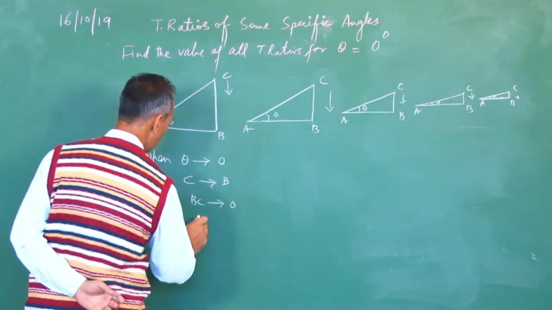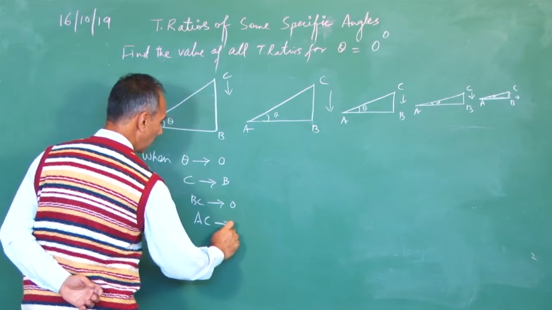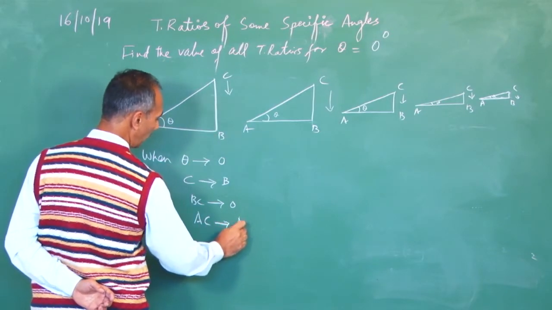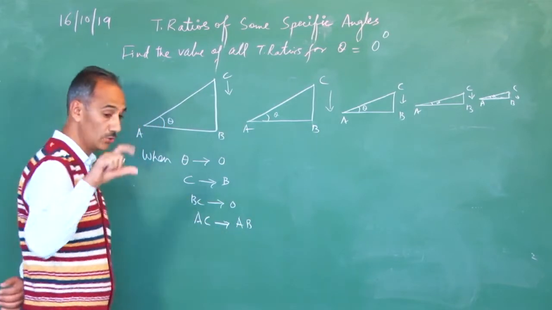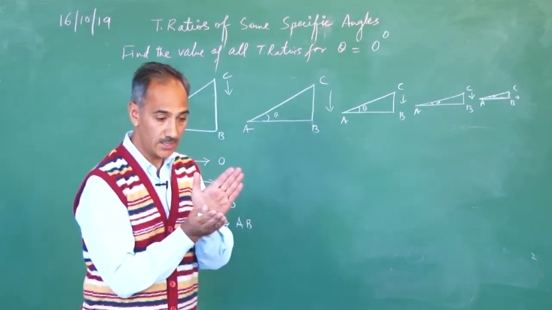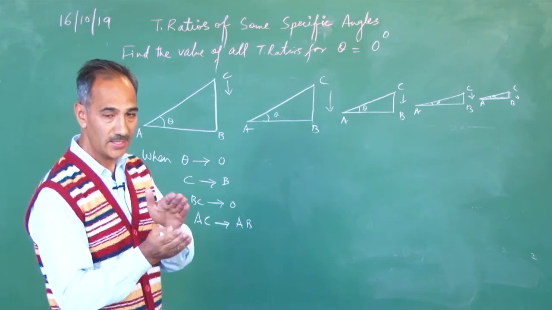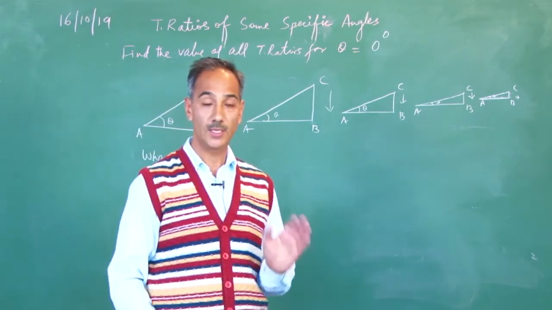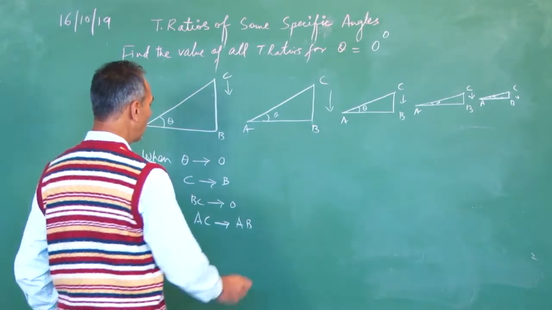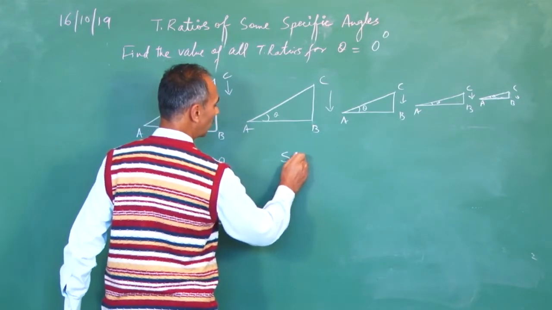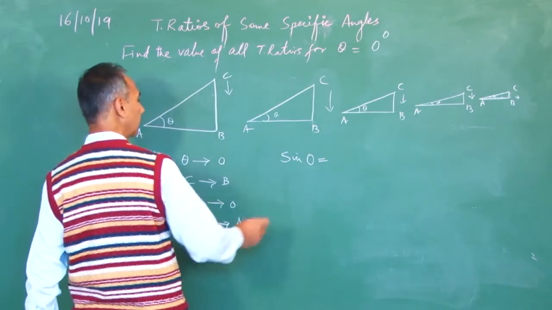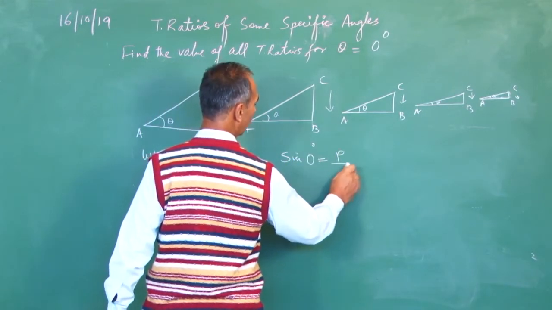And what happens to AC? AC becomes AB because C is going to B. When C falls on B, AC approaches AB. We don't say AC equal to AB, it approaches AB. Now in that case, what is sine of 0? Sine 0 will be, it's perpendicular by hypotenuse.